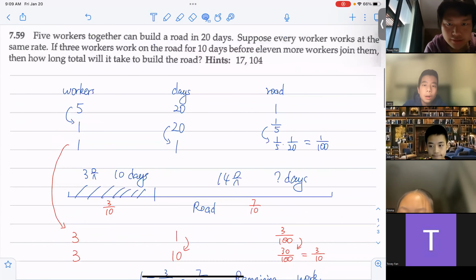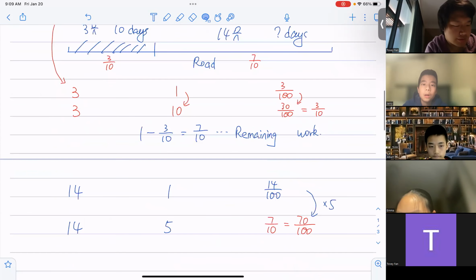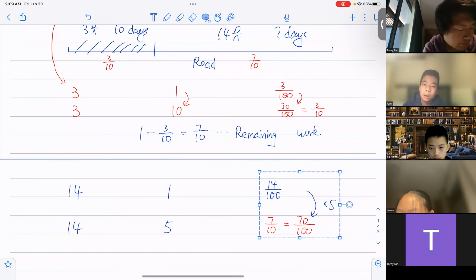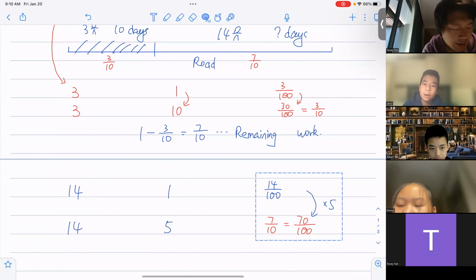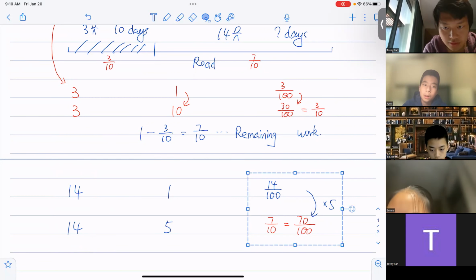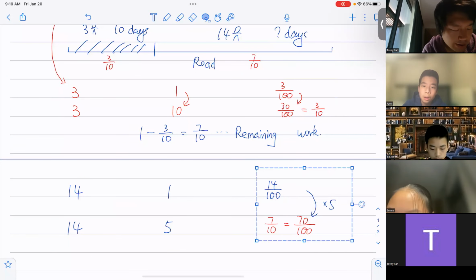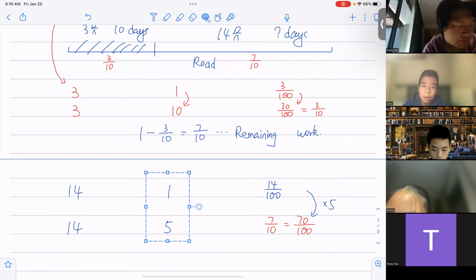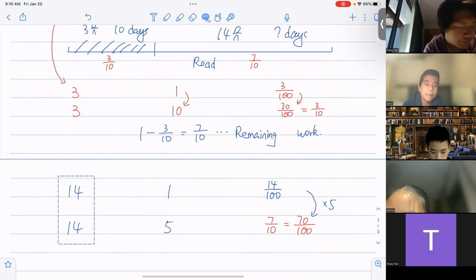Because workers need time to finish the job. And if you multiply the number of workers, you multiply the amount of work. Or if you multiply the amount of work, you multiply either the number of days or the number of workers.